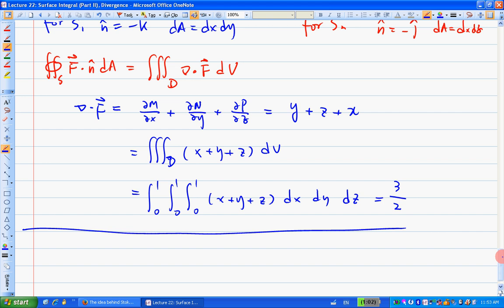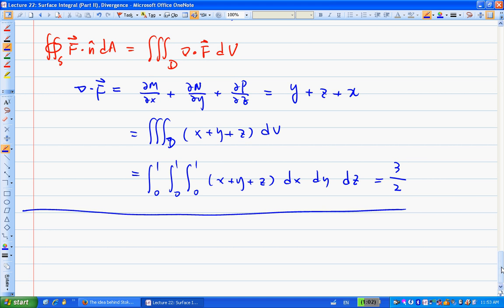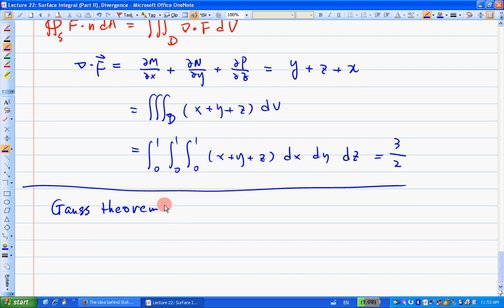When you learn electromagnetic fields, there's a very important theorem called Gauss's theorem. Actually, the divergence theorem comes from Gauss's theorem. Gauss's theorem basically says, when you have an electric field, let's say from a point charge or anything, and you're interested in the flux out of the closed surface S, then it's equal to the total charge.